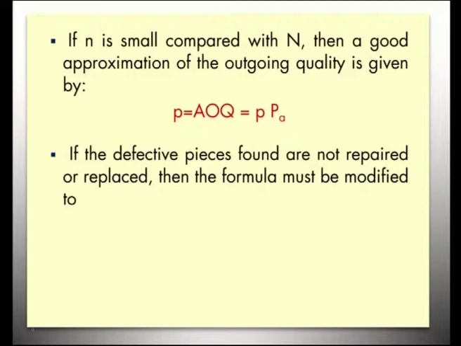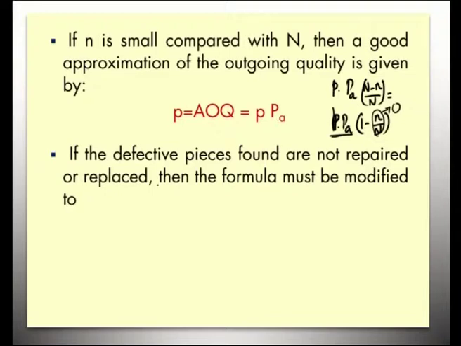The formula is P into PA into (capital N minus small n) by capital N, which is written as P into PA into (1 minus small n by capital N). When n is small compared with capital N, this term can be assumed to tend to 0. So, we have only P into PA.